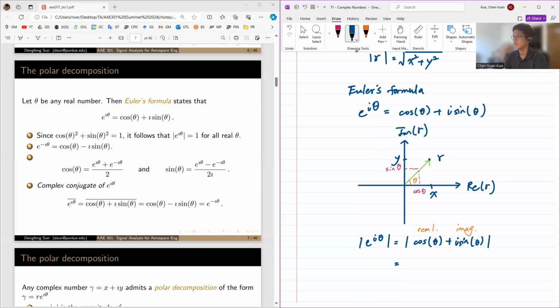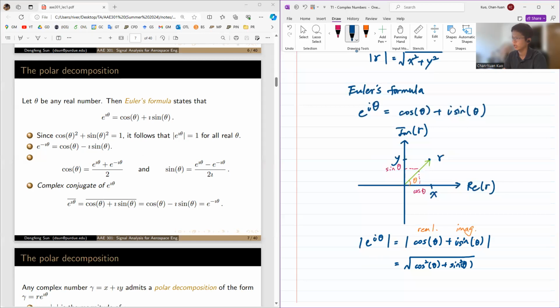Just now we said that the magnitude of a complex number can be computed as the square root of the sum of the square of the real part and the imaginary part. So here we will have the square root of cosine squared theta plus sine squared theta.